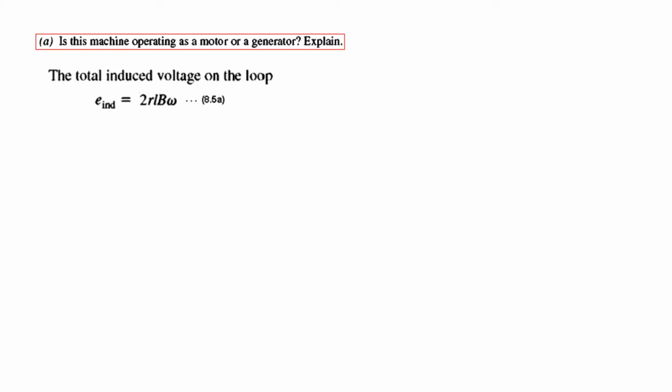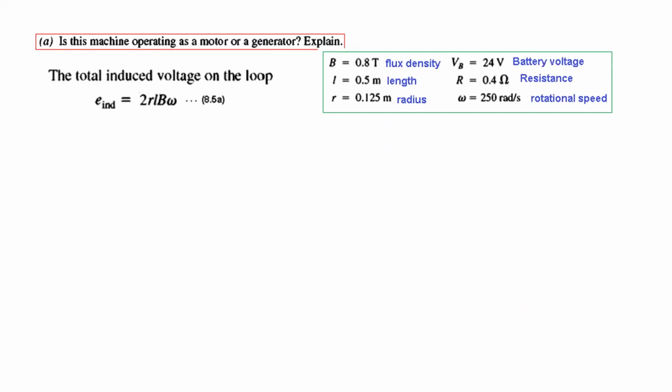So 2 into radius into length into flux density into rotational speed will give the induced voltage, and these are the values that are given. So we'll plug in the values, and solving we find the induced voltage to be 25 volt.